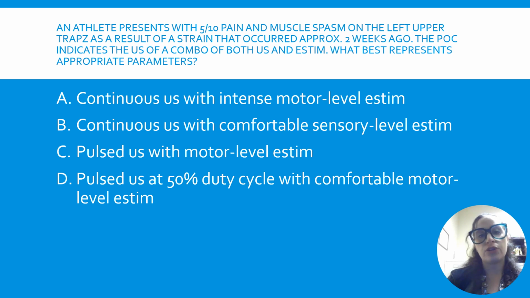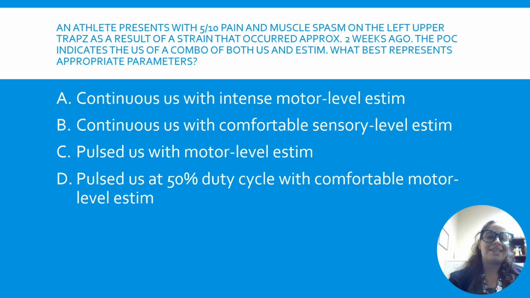And again, non-thermal ultrasound will have no effect on a muscle spasm. It won't do anything to the muscle spasm. So that leaves me with A and B, right? I canceled out the pulsed one in C and D because of the ultrasound by itself. But now I have to look at A and B and see what is the best option for ESTIM, because we're using a combo, right?